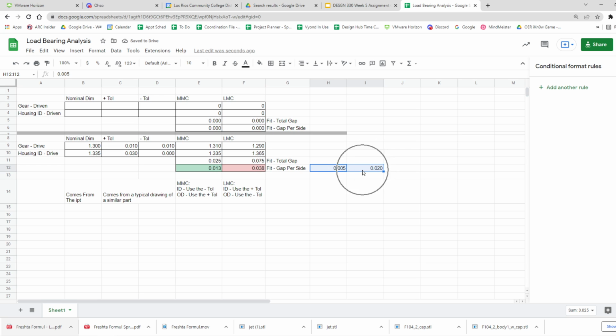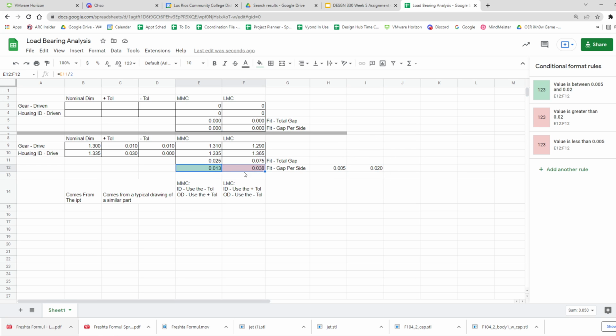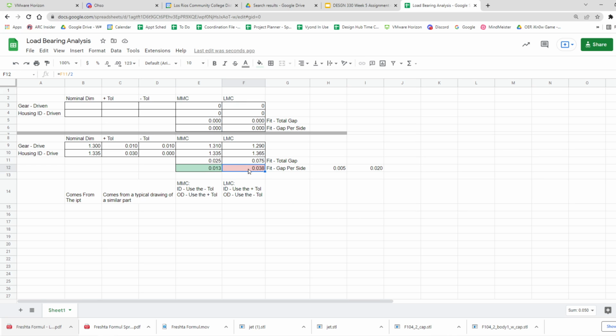And so that's based on my engineer's analysis. So now I can see very quickly that one of those is not meeting the condition. So this design, as it stands, is not acceptable. Because I have one of these as red.